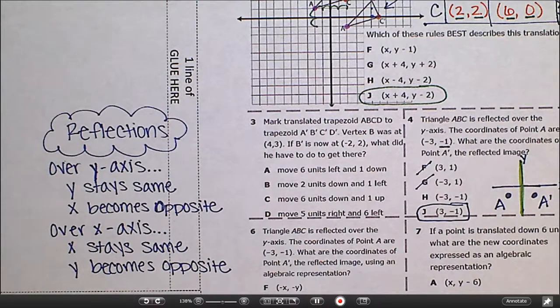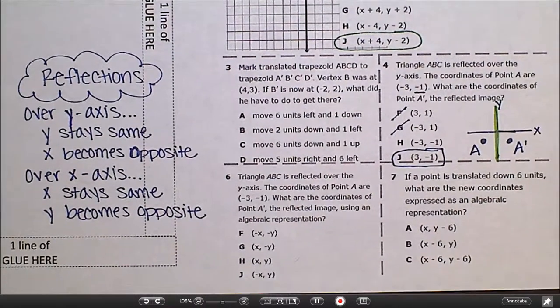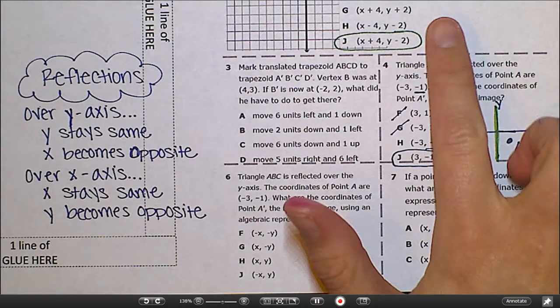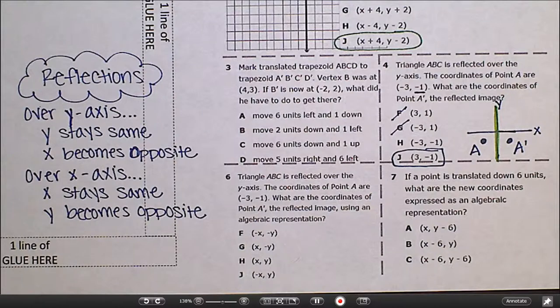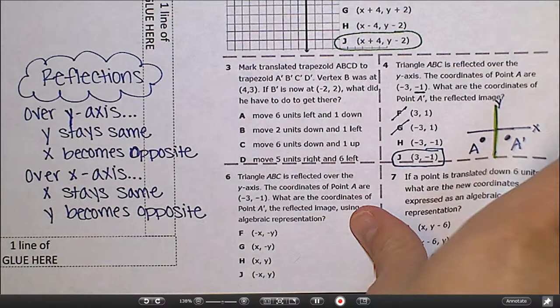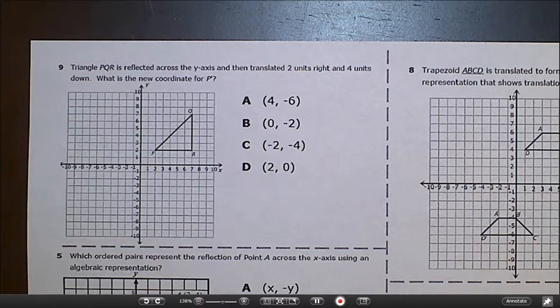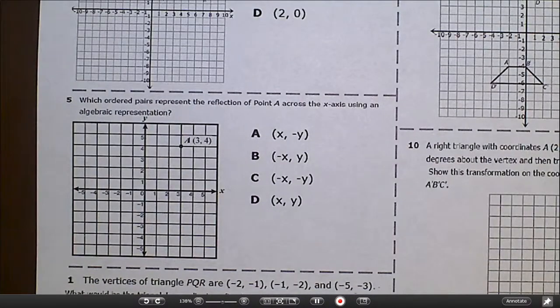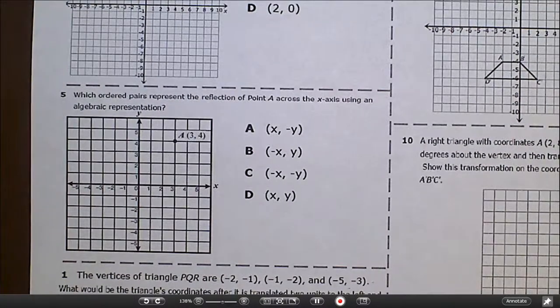I'd like for you now to do number 6, number 9, and number 5. So you're going to look at number 6, and you'll see that it's very similar to number 4 and number 2 kind of combined. So don't overthink it. And then I'd like for you to do number 9 and number 5. So number 9, you're finding the new coordinates for P. And then on number 5, we're reflecting it.